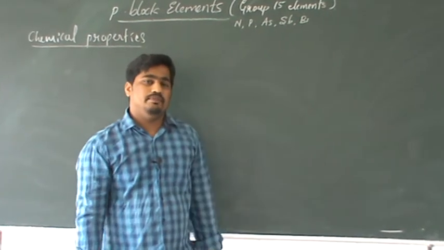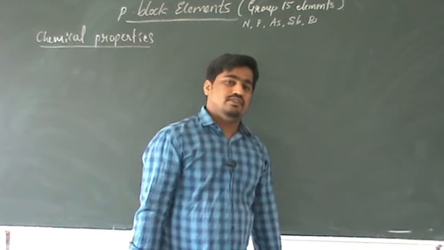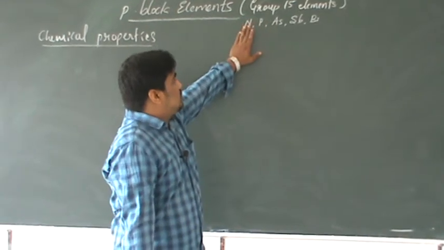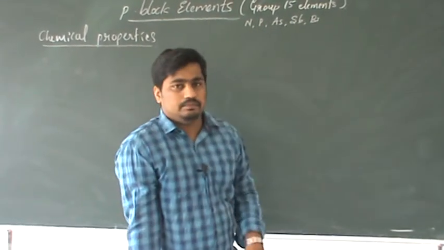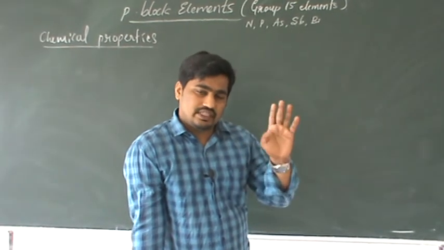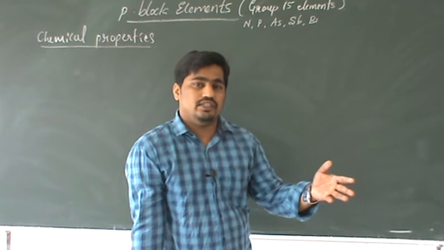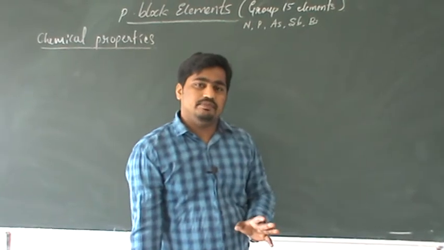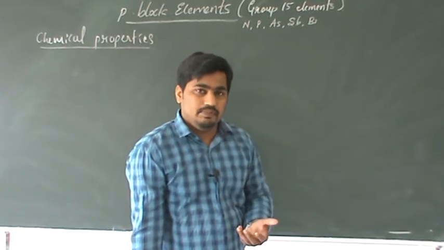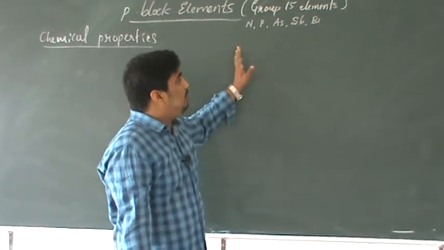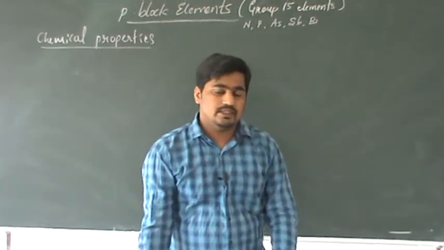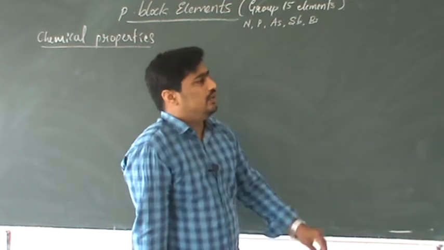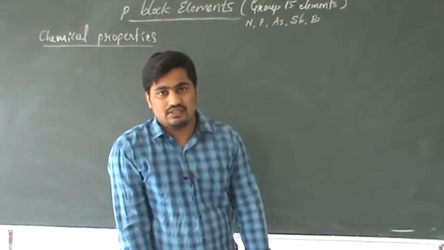Under atomic properties, there are a lot of things that we discussed: atomic size, under atomic radii, electronic configuration, electronegativity and electron gain enthalpy, and also the physical properties. Under the physical properties, nitrogen exists in the form of a gas, and the others are mainly solids.